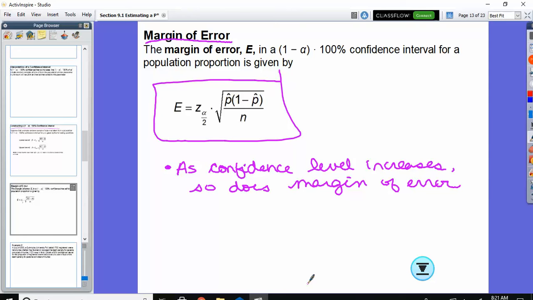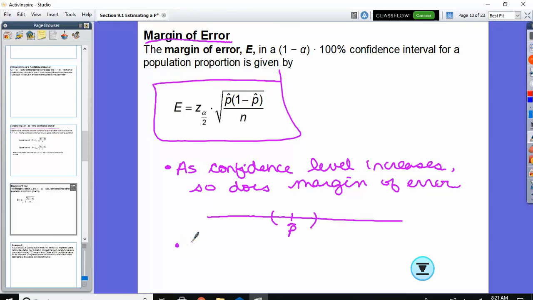If you think about it, if this is your guess, here would be one confidence level, but if I want to be more confident in that answer, what would I have to do with that interval? Yeah, so if you want to have a higher confidence level, you will have to make your margin of error larger. A wider interval.